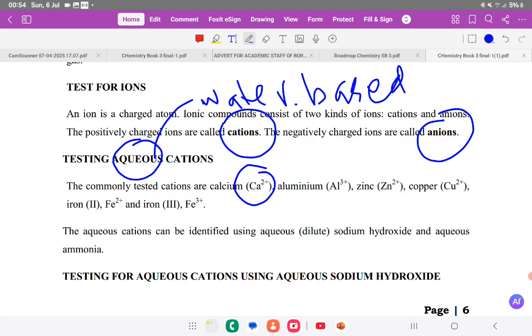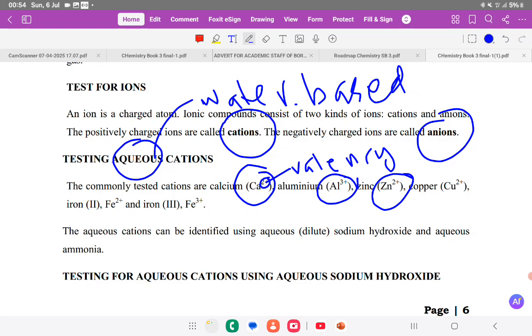Take note, calcium ion is Ca2+. The 2 plus represents its valency, or the combining power, which you might have learned in Form 2 chemistry. The 2 plus is an indicator that it belongs to group number 2, calcium, of the periodic table. Aluminium ion, which is Al3+, similarly, the 3 plus here represents the combining power, the number of electrons it loses when it's combining with a non-metal.